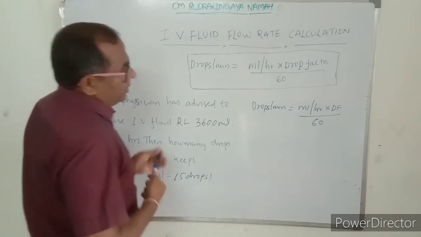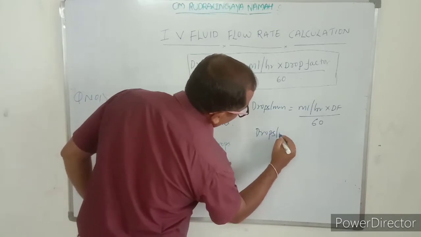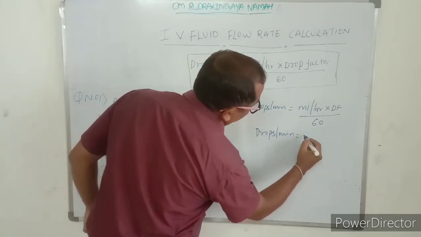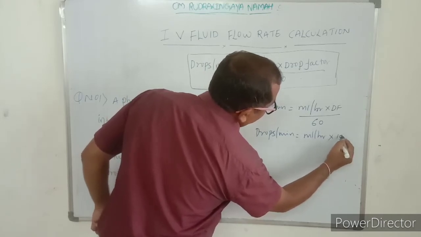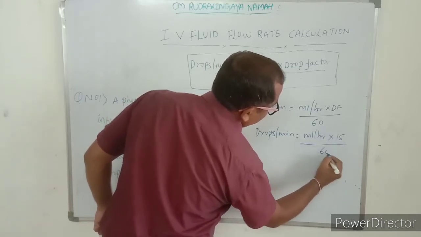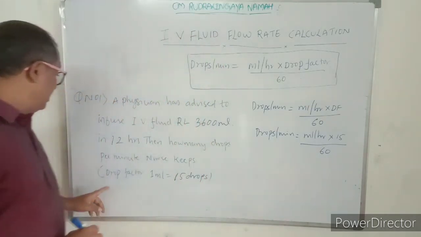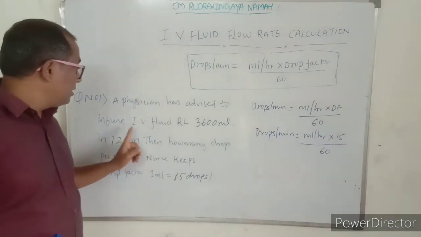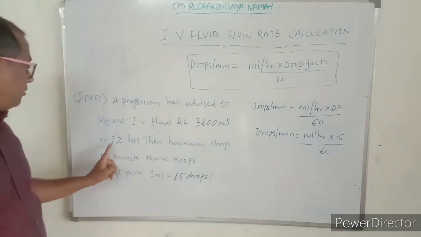So here again drops per minute is equal to ml per hour, we need to calculate, and the drop factor they have given is 15, divided by 60. Okay. So here they have told how much fluid has to be infused, that is RL 3600 ml in 12 hours.